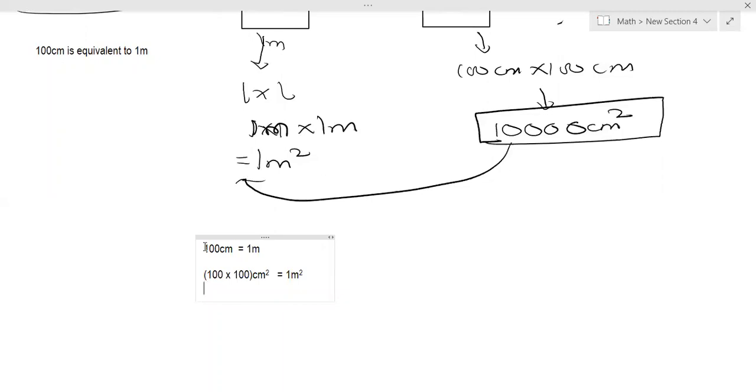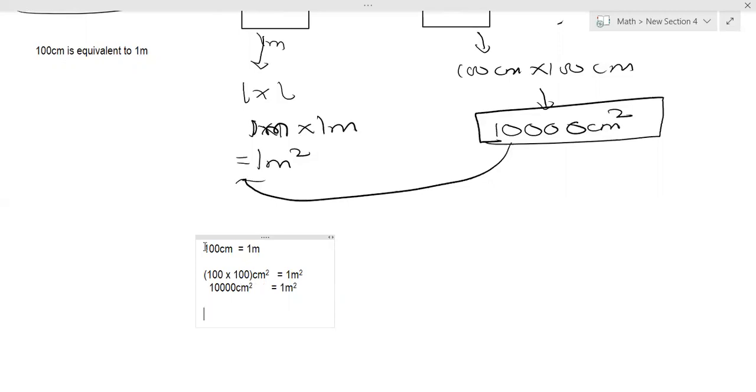Okay, 100 times 100, that will be 10,000 centimeter square, which is equal to 1 meter square.